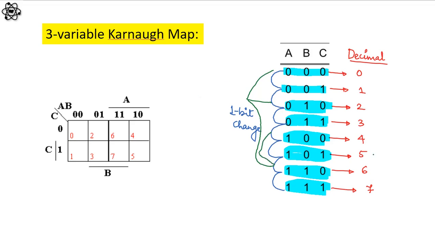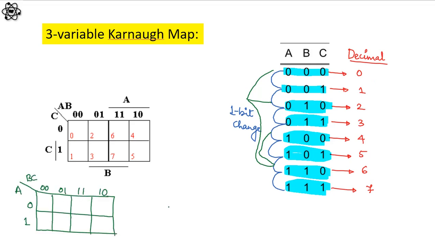When I'm placing the decimal notations, you can clearly see that I'm placing them as 0 0, 0 1, 1 1 and 1 0. That is because between 0 1 and 1 0 there is a difference of two variables, but between 0 1 and 1 1 there is a difference of one bit, and between 1 1 and 1 0 there is a difference of 1 bit. So during the mapping, this will ensure that all the bits placed in the adjacent boxes differ by only 1 bit.